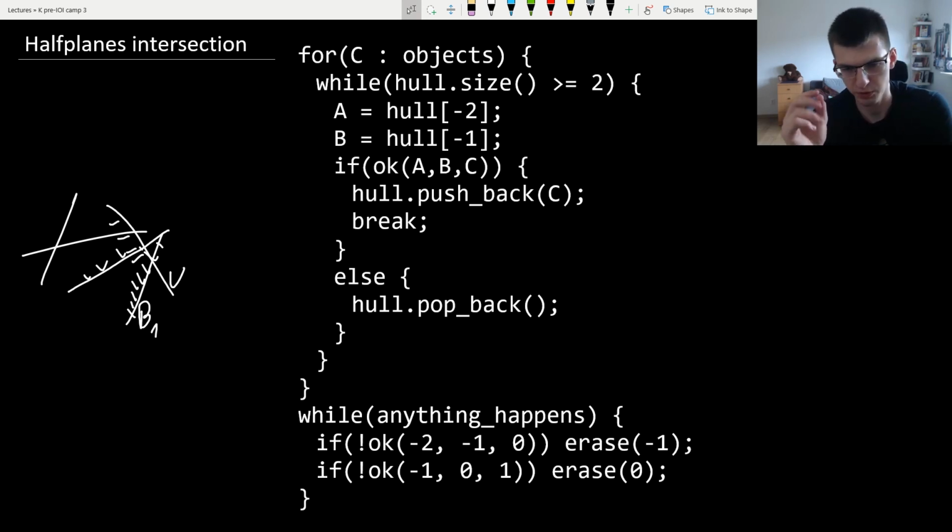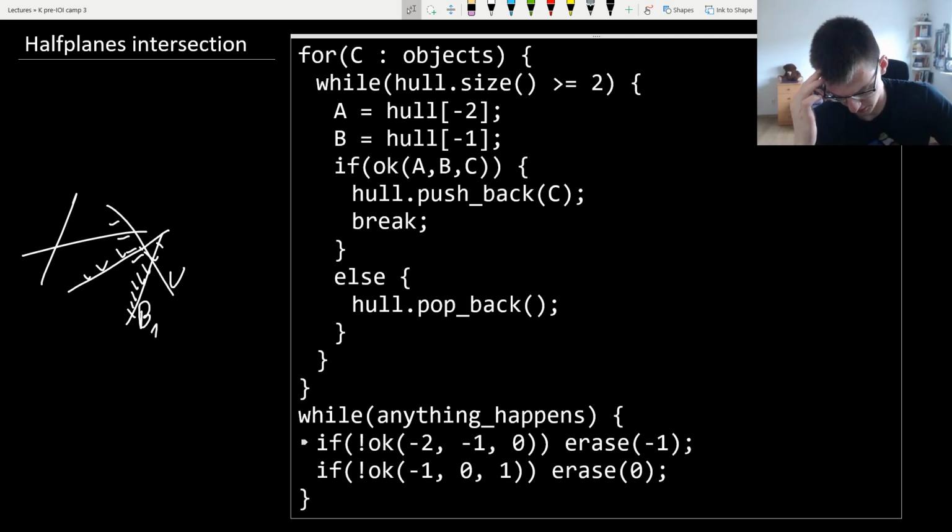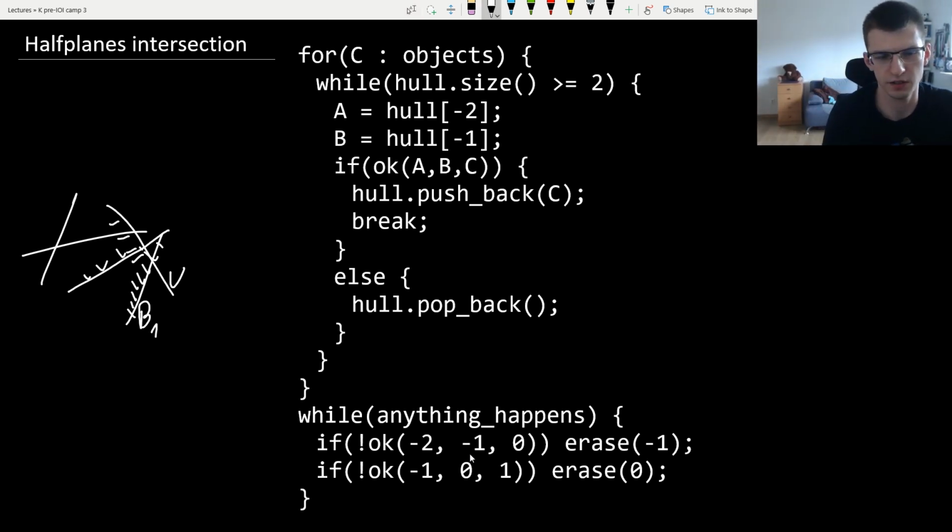Plus, remember that half-plane intersection can be empty. In particular, you need to check here whether maybe the size of the hull becomes smaller than 3. This would mean that, is it empty necessarily? It's not. If size is now 2, something like that is possible.